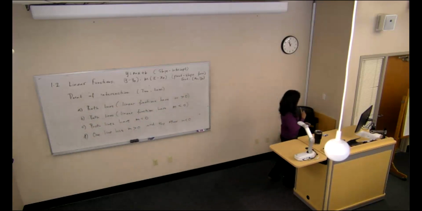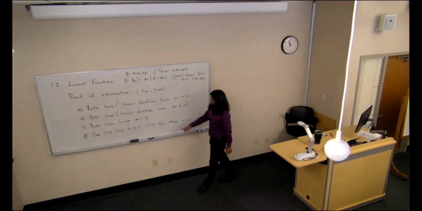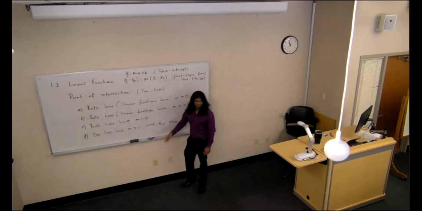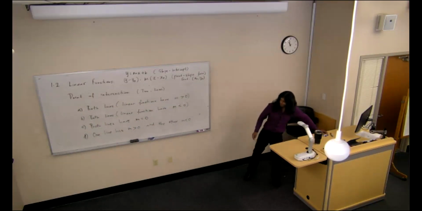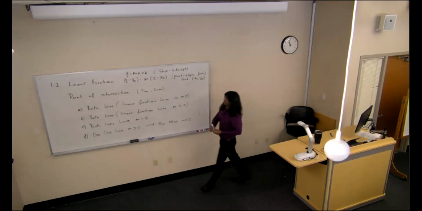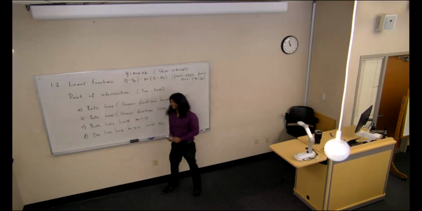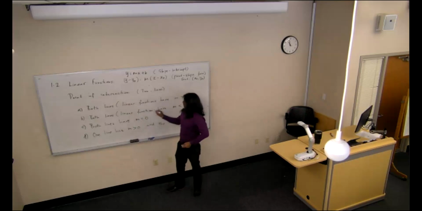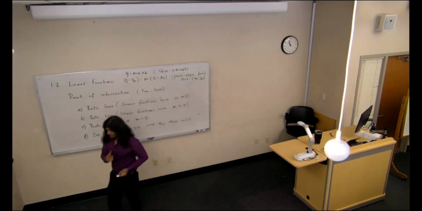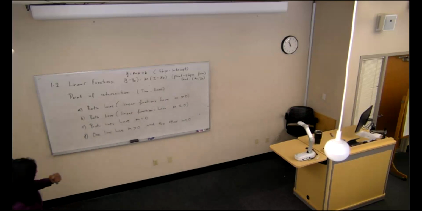Four options. And I'd like to know if that is a point of intersection. I drop the linear function part because I make the point as in lines, linear functions. So, four options. Option A, both lines have m greater than 0, in the sense of positive slope, lines going up.